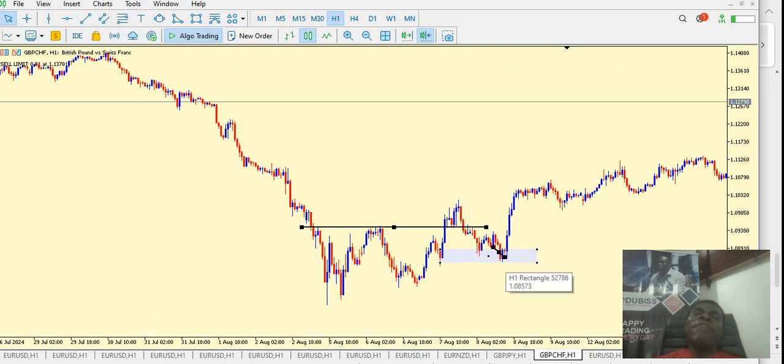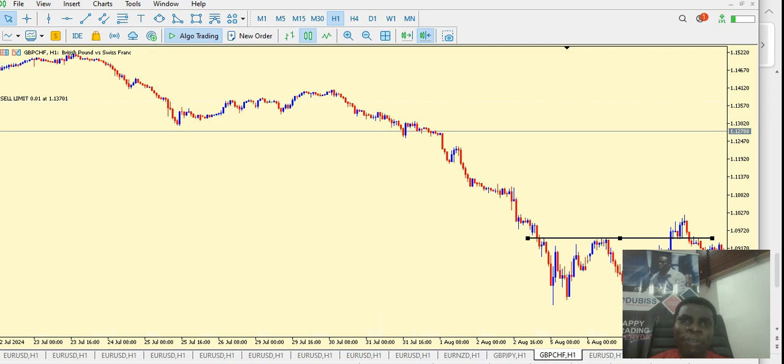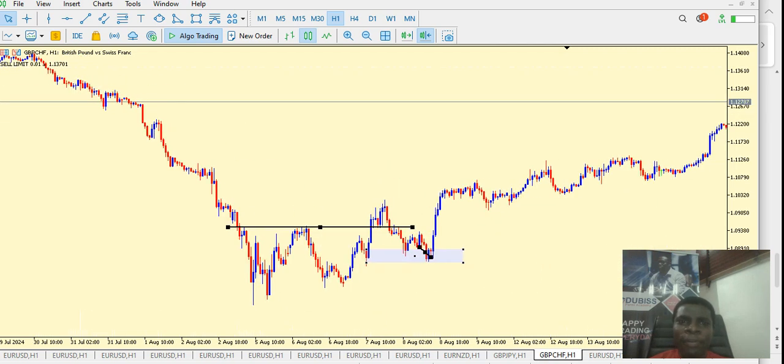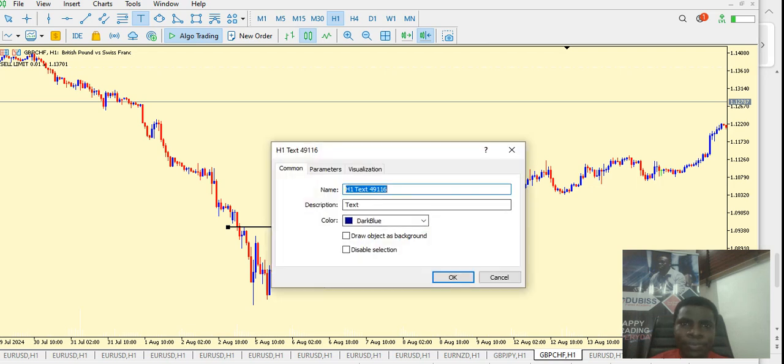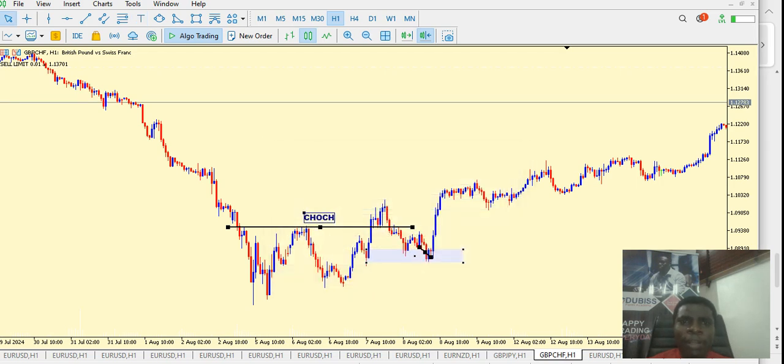Remember, whenever we have a change of character, it means that the trend has changed. Because before now this trend was a downtrend, but what happened after we got this move here, a break of change of character?